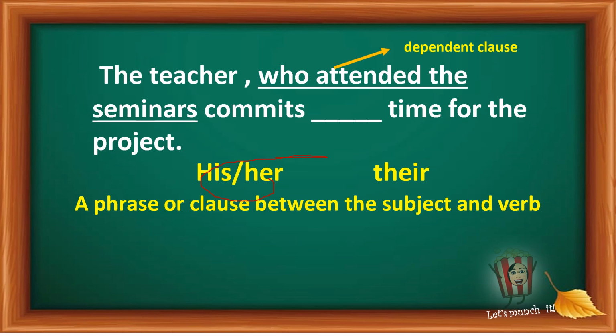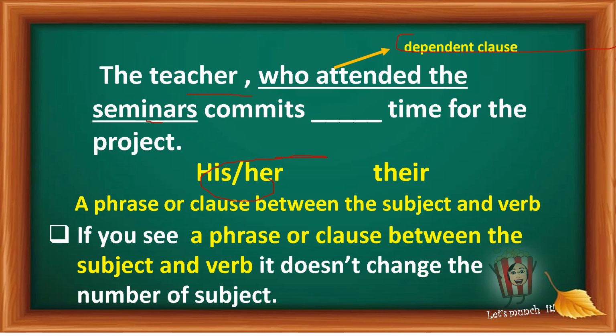So we made use of who attended the seminars as our dependent clause here. So the rule is if you see a phrase or clause between the subject and the verb, it doesn't change the number of the subject. Going back to the example, the teacher is our main subject. So don't be confused with the seminars.